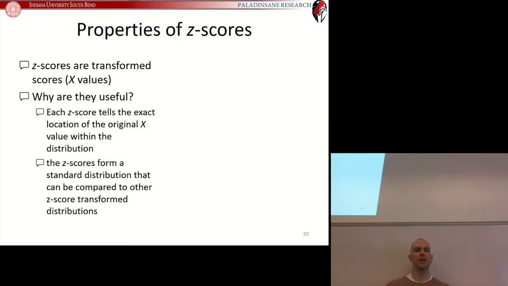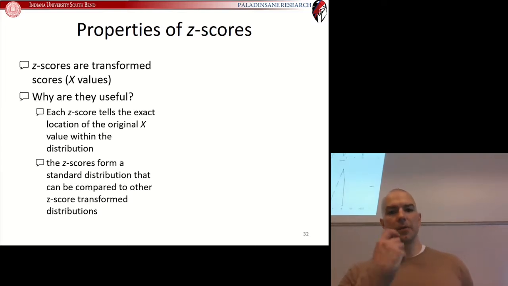The other big thing that they're useful for is that because Z-scores all have the same mean and all have the same standard deviation, you can compare Z-scores to each other. You can't compare apples and oranges, but if you transform them into Z-scores, you definitely can compare completely different scores.